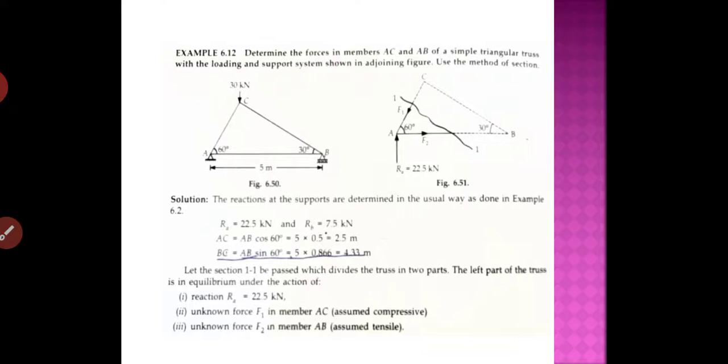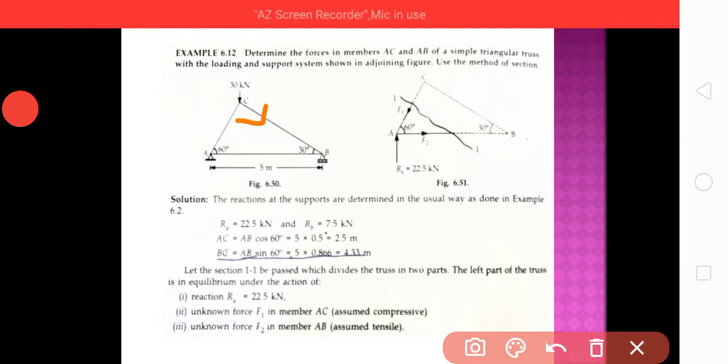Now you can see that this angle CAB is 60 degrees, angle CBA is 30 degrees, so automatically angle ACB will be 90 degrees. So this is a right angle triangle truss.